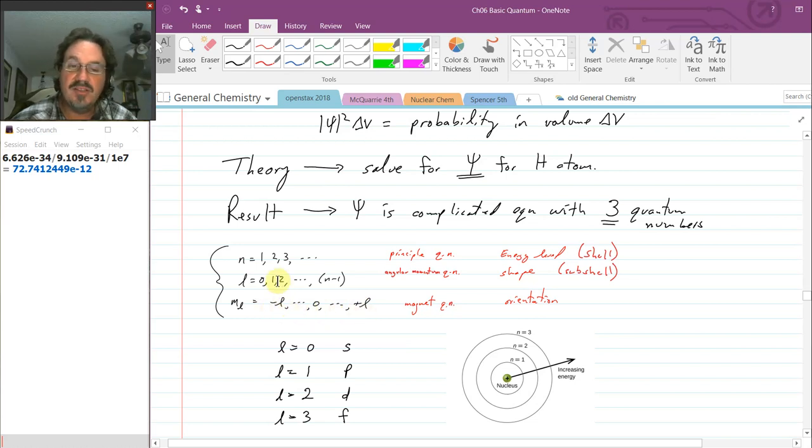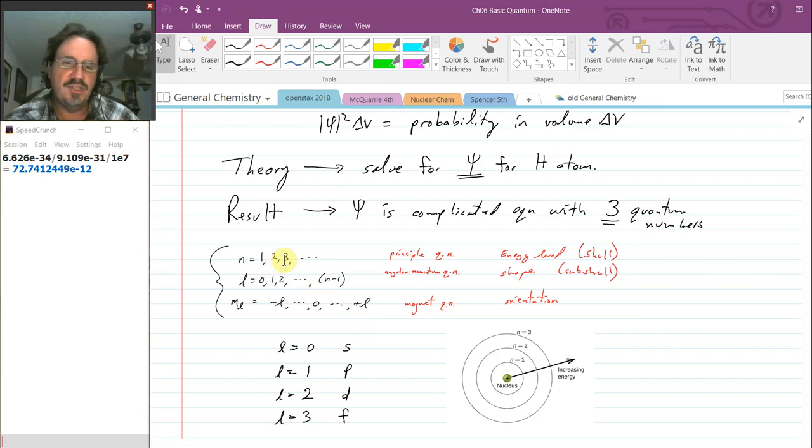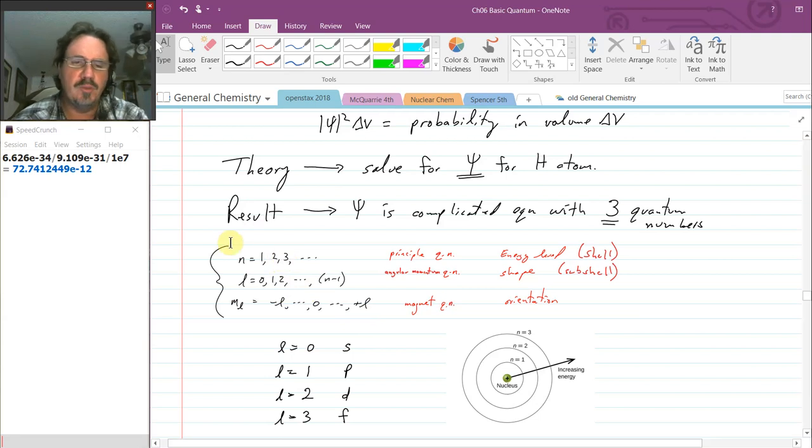If L is, say, 1, then m sub L could equal negative 1, 0, or plus 1. So that one's dependent on L, and L again is limited by what n is. So we've got these quantum numbers that are interrelated, dependent on each other in a very specific sort of way. Now back to the interpretation a little bit here. N equals 1, 2, 3.